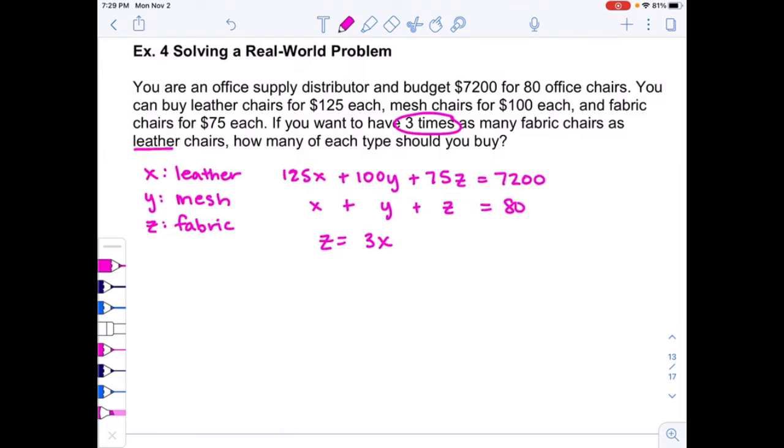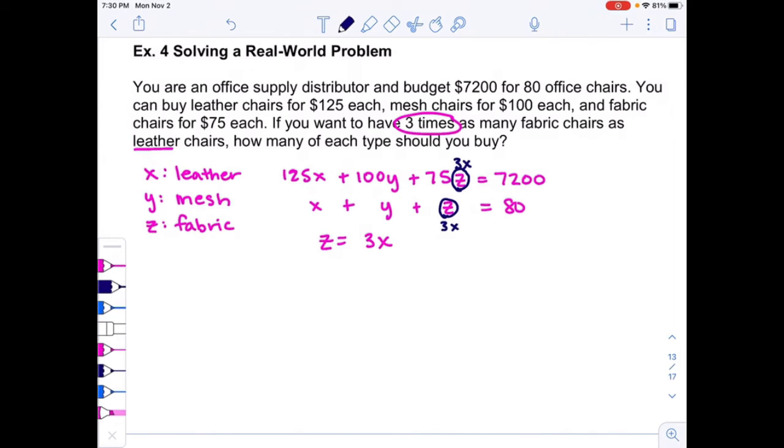All right, so let's see what we got. We can substitute. We can eliminate. That last equation, Z is equal to 3x, tells me I want to do some substitution. I want to take wherever I see Z and replace it with a 3x. And then let's rewrite out some of these equations here.